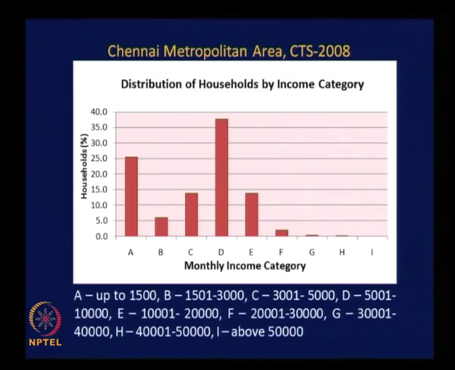Category C, 3,000 to 5,000, significant, nearly 13%. 5,000 to 10,000, D is the predominant income range, more than 36% of the households have income of simply 5,000 to 10,000. 10,000 to 20,000 is around 14%, and 20 to 30 very small percentage, and 30 to 40 still smaller, 40 to 50 much less, and above 50 negligible.